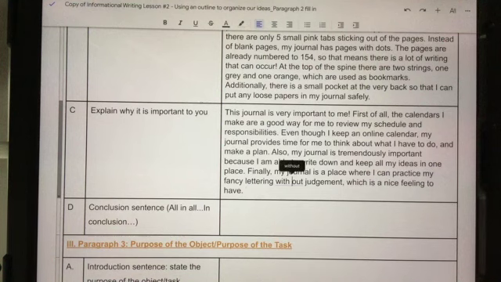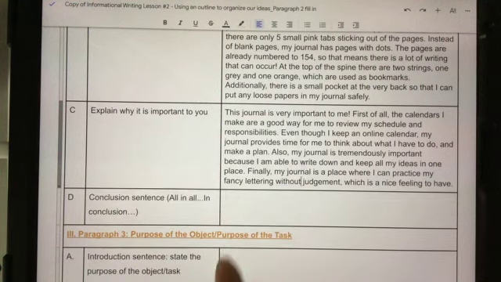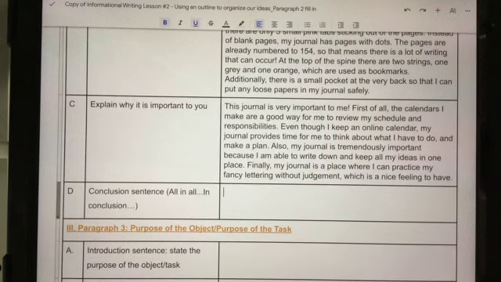Okay. Oh, without should be, I think, one word. Oops. There we go. Okay, lastly, my conclusion. I choose all in all, so I'm going to kind of wrap up this section. All in all, comma. And I'm going to use kind of a contrast here. So I'm going to talk about why people might not like a journal, but why I really like my journal.